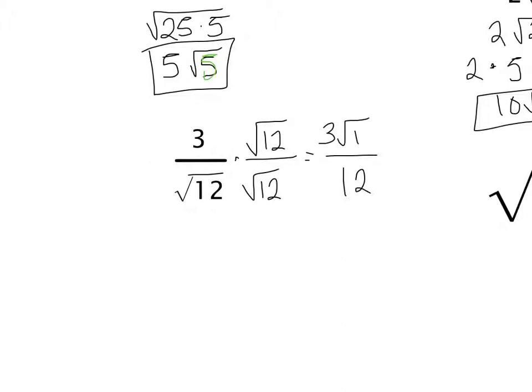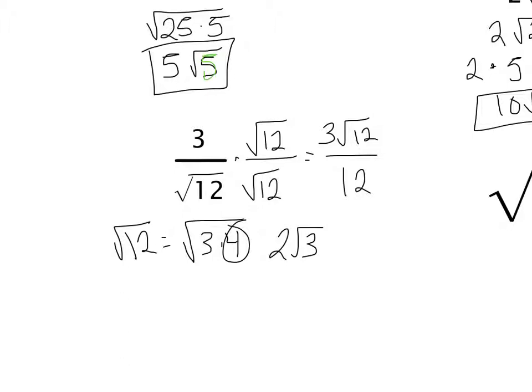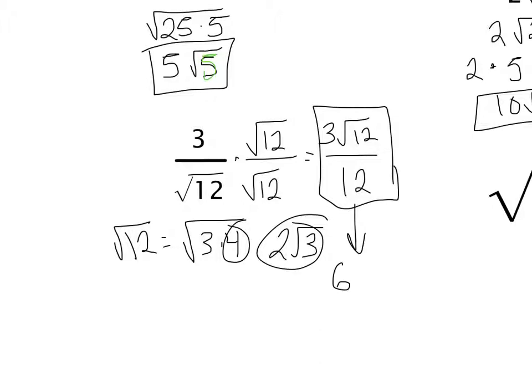And then you have 3 square roots of 12 left there. But the square root of 12 is the same thing as the square root of 3 times 4, 4 being your perfect root. So it's 2 square roots of 3. So instead of writing it like this, I'm going to write it like 3 times 2, which is 6, square roots of 3 over 12.